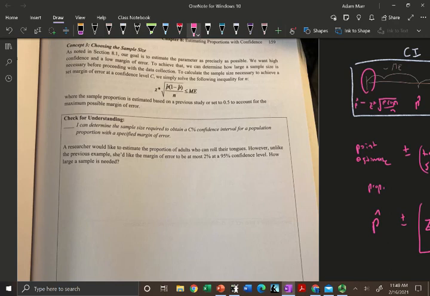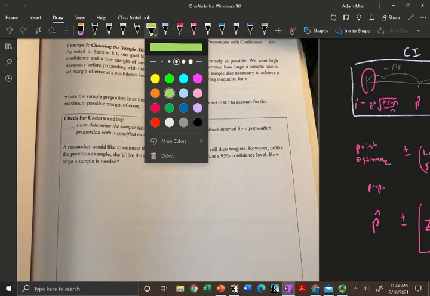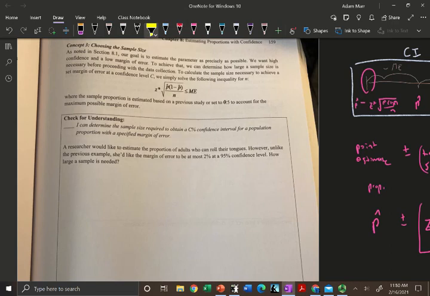Z star times the square root of p hat times 1 minus p hat all over n is less than or equal to the margin of error, where the sample proportion is estimated based on a previous study or set to 0.5 to account for the maximum possible margin of error. And in all these problems that I've seen, it's almost always you just substitute 0.5 for it.